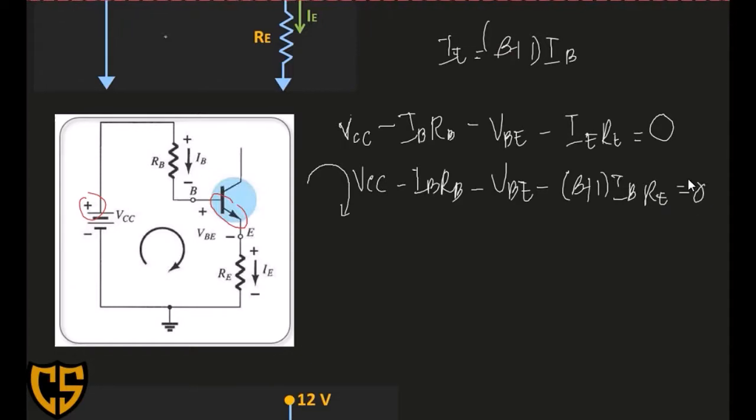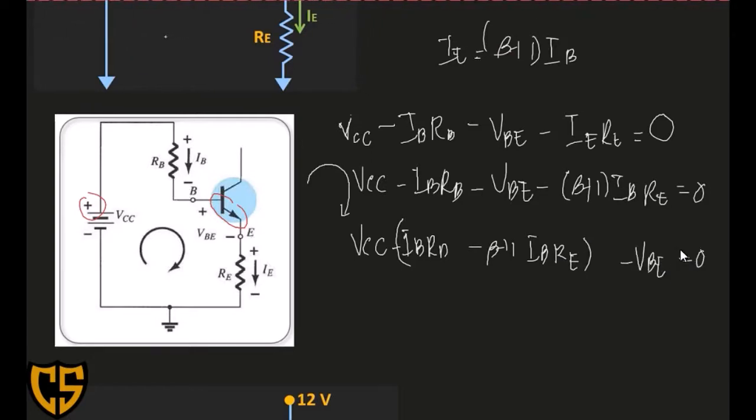Now we are going to combine our IB terms. So we have VCC minus IB RB minus beta plus 1 IB RE minus VBE is equal to 0.